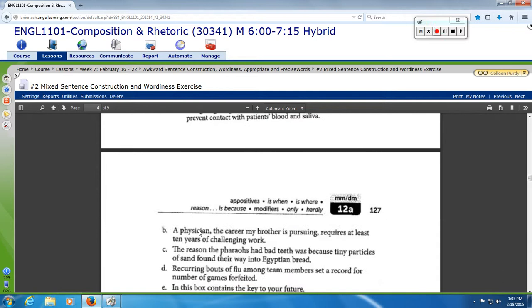A physician is not a career. A physician is a person. Okay, so we would have to either change a physician to medicine, comma, "the career my brother is pursuing requires at least 10 years of challenging work." That's the way I would suggest it. So medicine is a career.